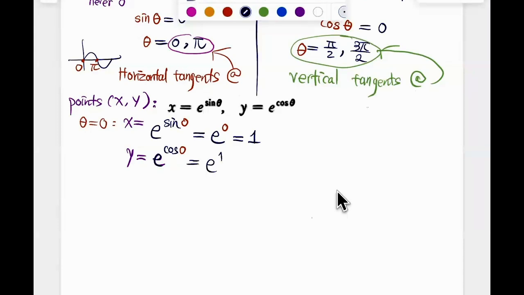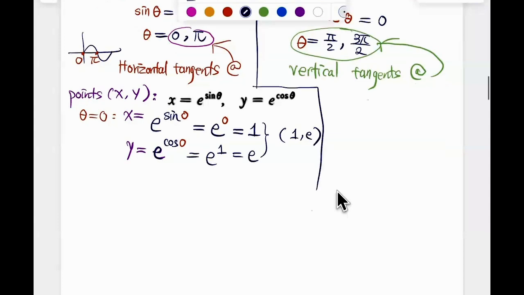Yeah, I saw you have one finger up. It's e to the 1, so you're going to have e. So the point you have over here is going to be 1 comma e. You're going to have horizontal tangent.